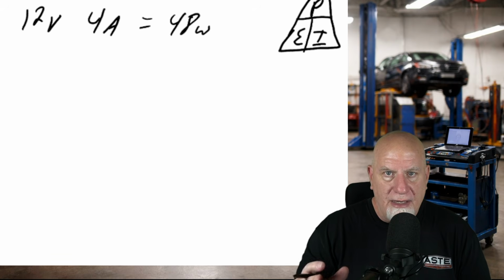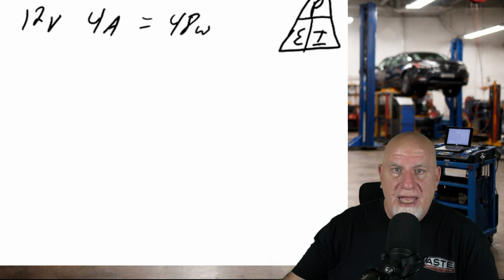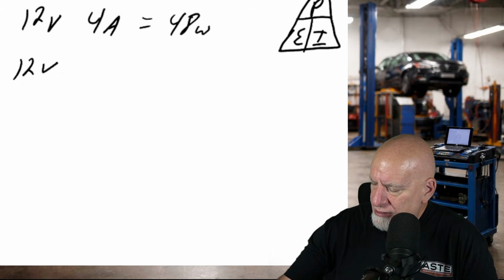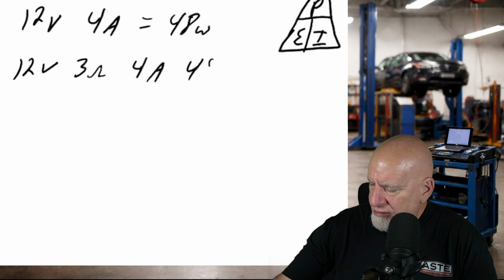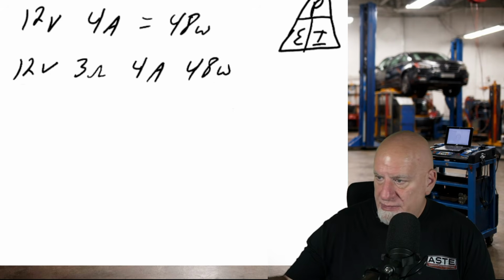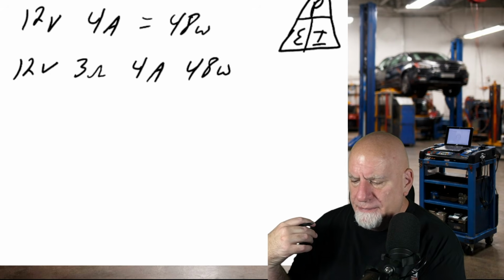Because again, watts equals power. So to make our circuit complete, we're going to do 12 volts. Remember, we had 3 ohms of resistance, 4 amps of current, and 48 watts of power being consumed in this particular circuit.